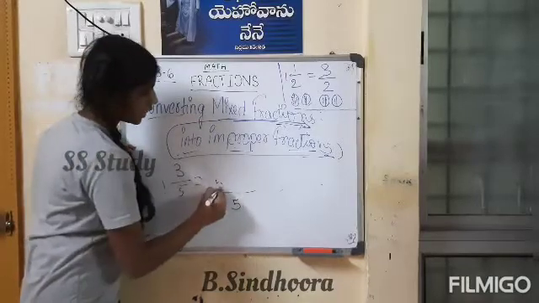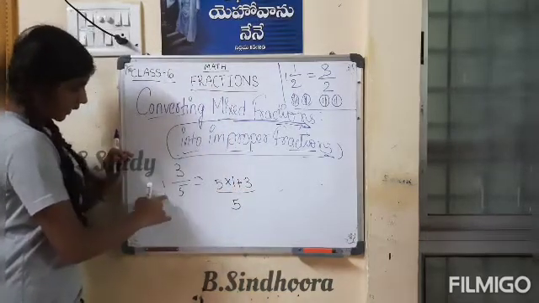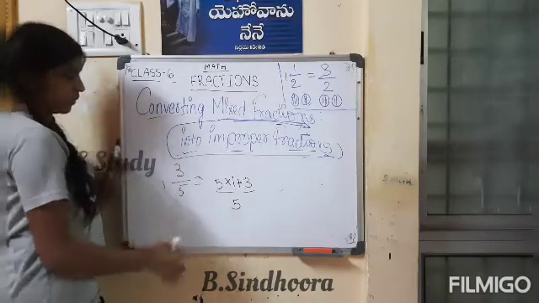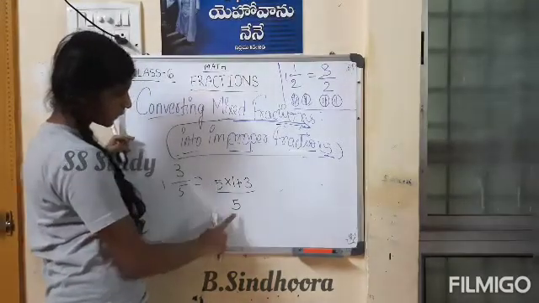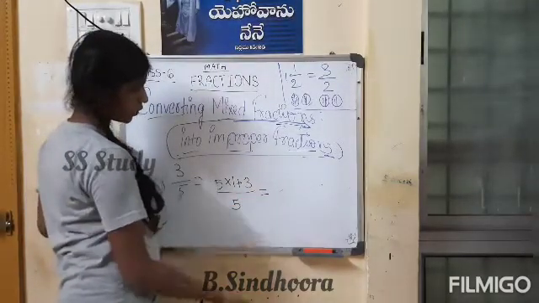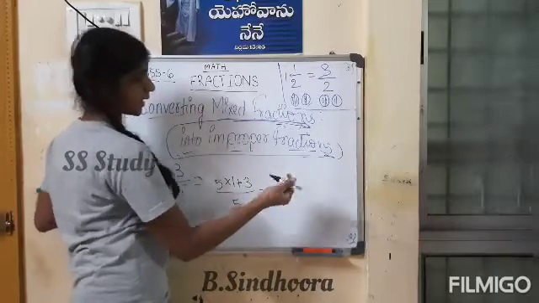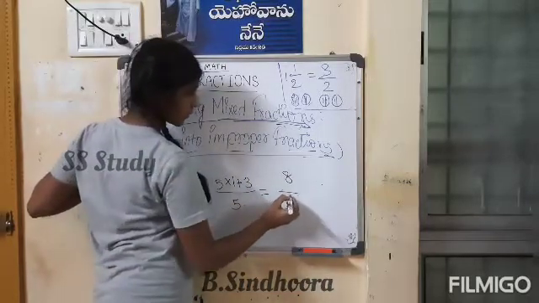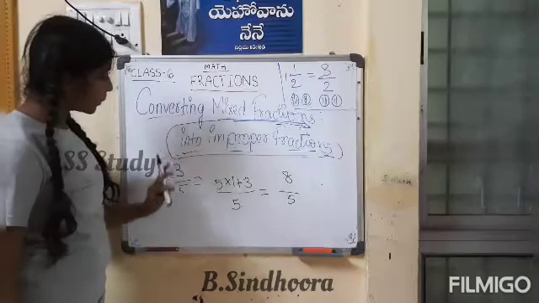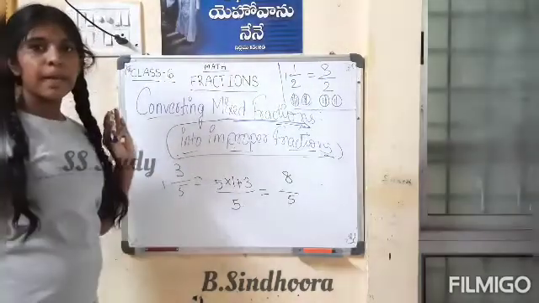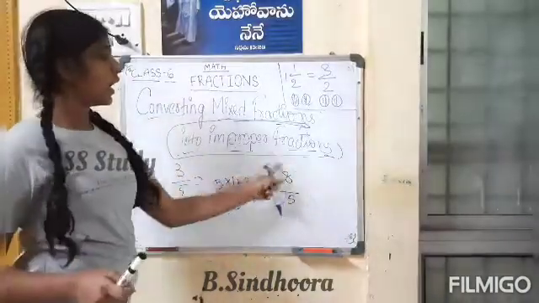Denominator into whole part plus numerator. 5 into 1 plus 3, denominator will be the same. So 5 into 1 is 5, plus 3 is 8. 8 by 5 is the improper fraction of the mixed fraction 1 3 by 5. 1 3 by 5 into improper fraction means what's the answer? 8 by 5.